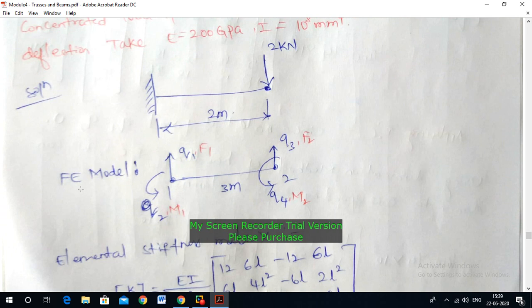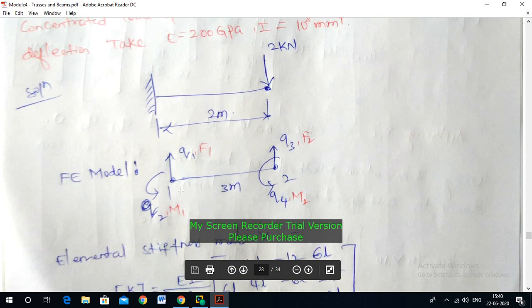The first step for solving problems on beam element is the finite element model. Depending on the cantilever beam, it consists of two nodes, node 1 and node 2, and each node has 2 degrees of freedom. Node 1 has one translation motion, let Q1 be the translation of node 1 and Q2 be the rotational motion, nodal displacement of node 1.